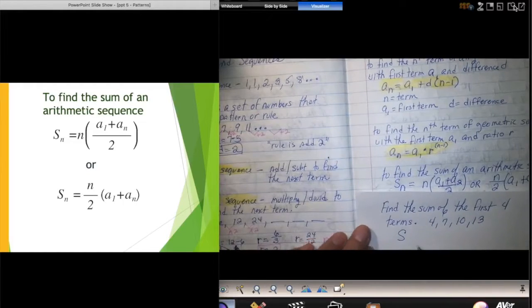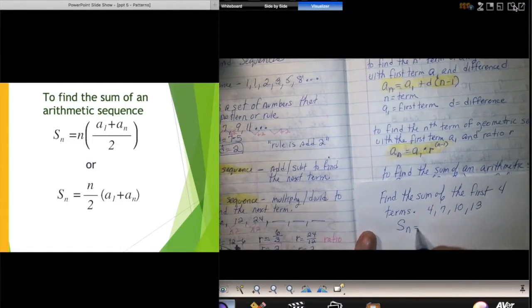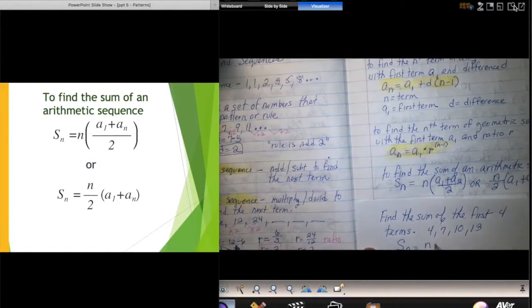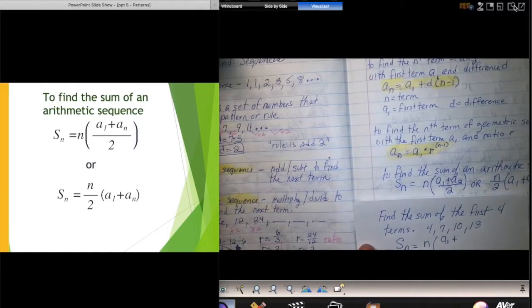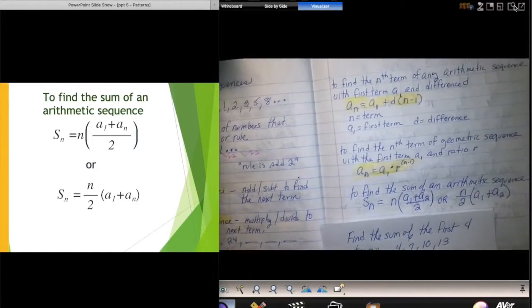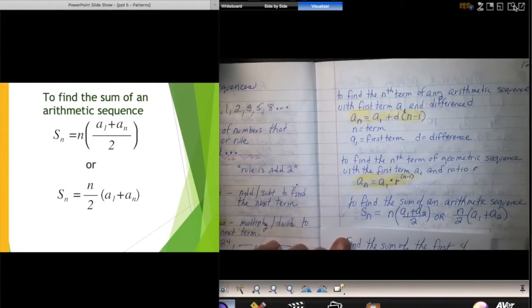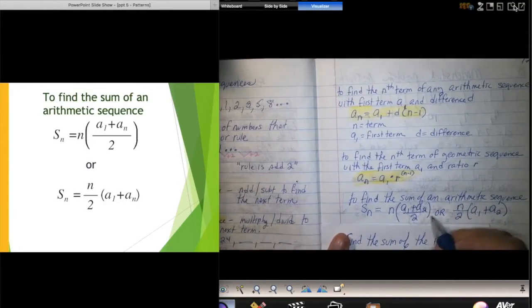The formula is S sub n is equal to n times a sub 1 plus a sub n. Oh man, made a mistake here, didn't I? This is a typo, guys.